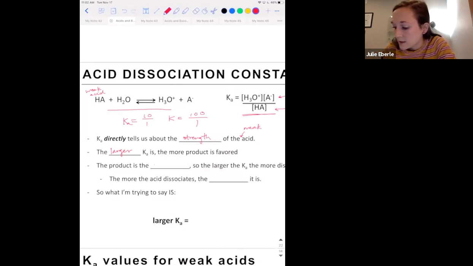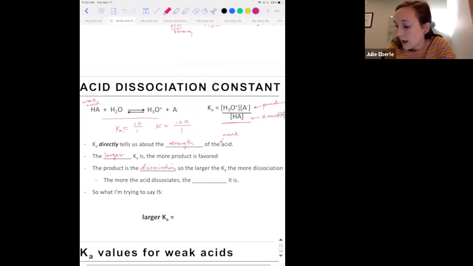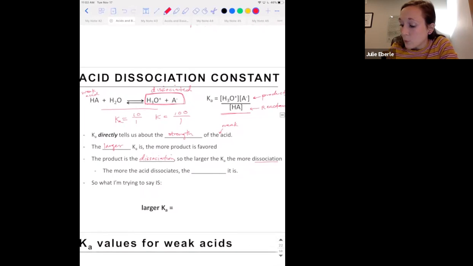Now the product is the dissociation. So the larger the Ka, that means the more dissociation you have. This is the dissociated side of this reaction up here, the acid in its dissociated form. And the more the acid dissociates, the stronger it is.